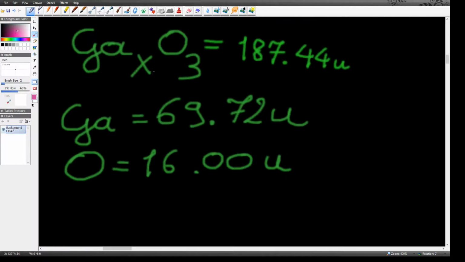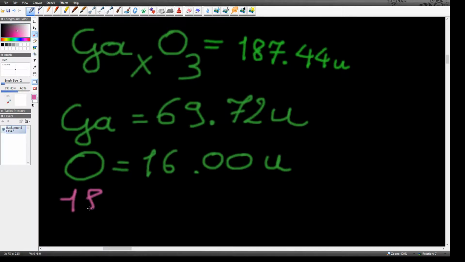An easy way to do this question: as you can see, I've got some sort of compound containing gallium and 3 oxygens, but I don't know how many galliums there are. I do know that the molecular mass of the compound is 187.44 units, and I know that the atomic masses of gallium and oxygen are respectively 69.72 units and 16.00 units. So what I could do first is take away my 3 oxygens.